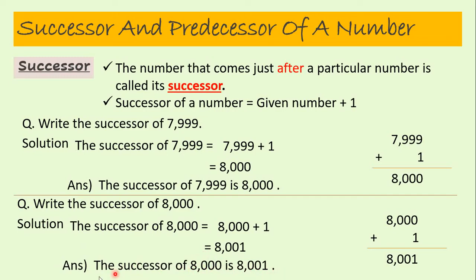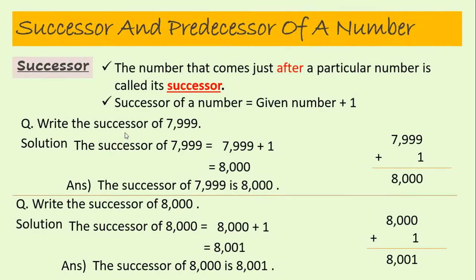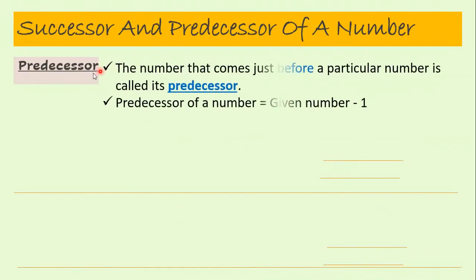At the end of every question, write answer. Hope successor is clear to you all. Successor, the after number is called as successor of any given number. Now, come to predecessor. Predecessor. What is predecessor of a number?